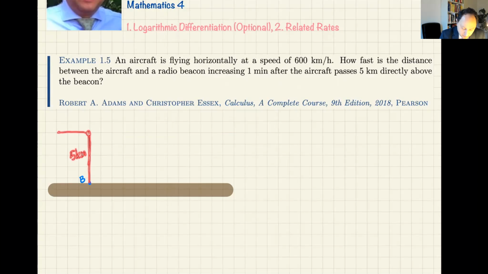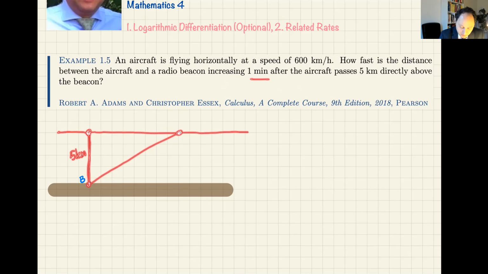Here, it is exactly 5 kilometers above the beacon, but it continues with the same speed, 600 kilometers per hour. And then the question is, how fast is the distance between the beacon and the airplane changing when 1 minute has passed after this point?